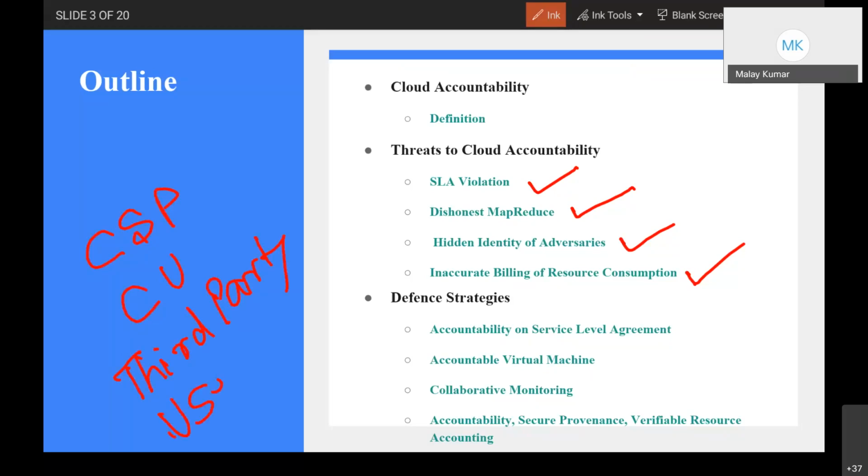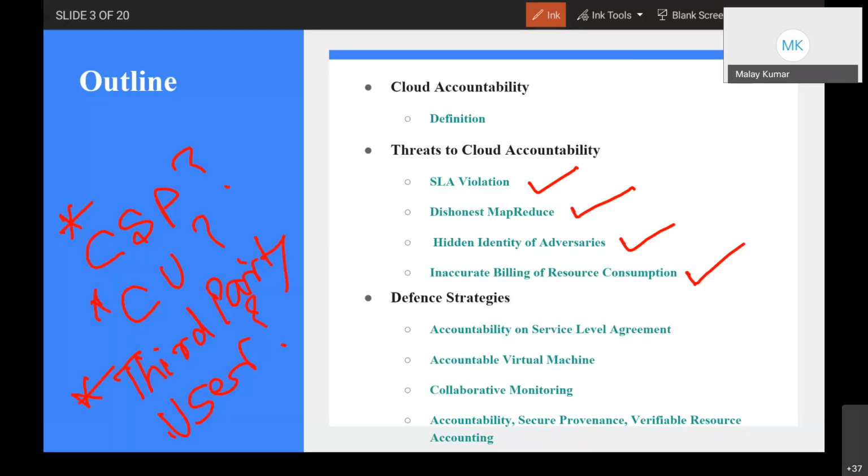So who is accountable for this loss? The responsibility will be imposed on a particular service provider, user, or third party, and then your work will be complete.